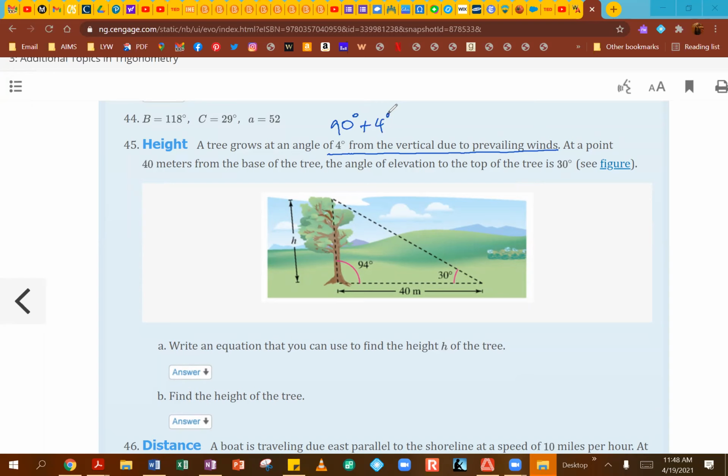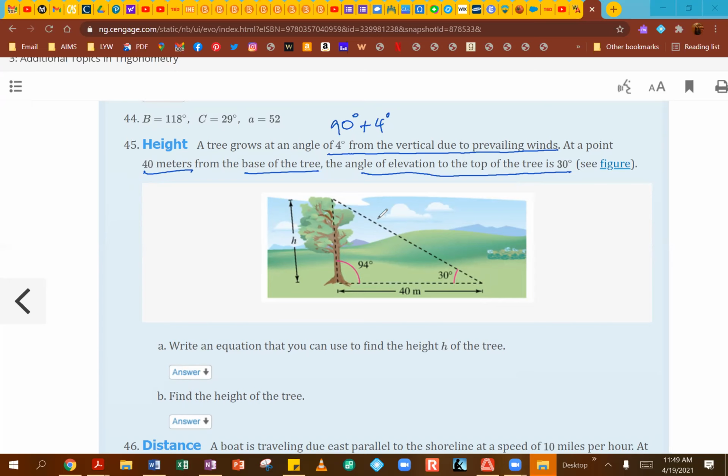And they're saying it's because of the winds that the tree has been moved a little bit to the other side, making up that angle. So they are saying at a point 40 meters from the base of the tree, the angle of elevation to the top of the tree is 30 degrees. So you can see, going from the base of the tree, 40 meters to the right, from that point, we are making a 30-degree angle of elevation to the top of the tree.